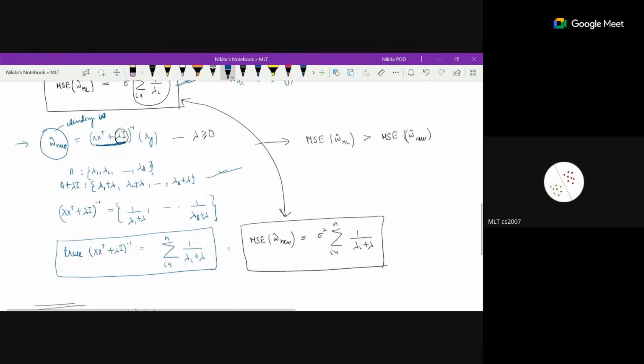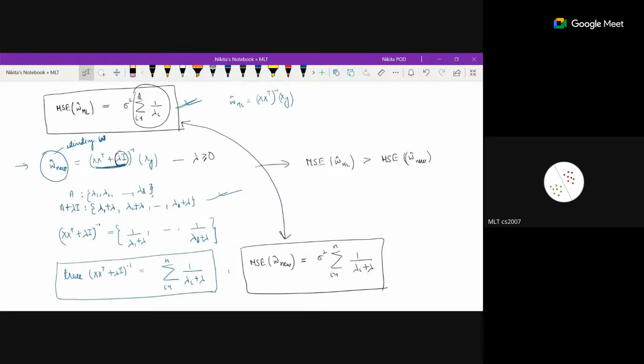Now just compare these two. Earlier, my MSE of W hat ML was sigma square sum over 1 upon lambda i, and for the new estimator that we have found, the mean square error is sigma square sum over 1 upon lambda i plus lambda. Here lambda is positive. We defined W hat new to be (XX transpose plus lambda I) inverse XY.